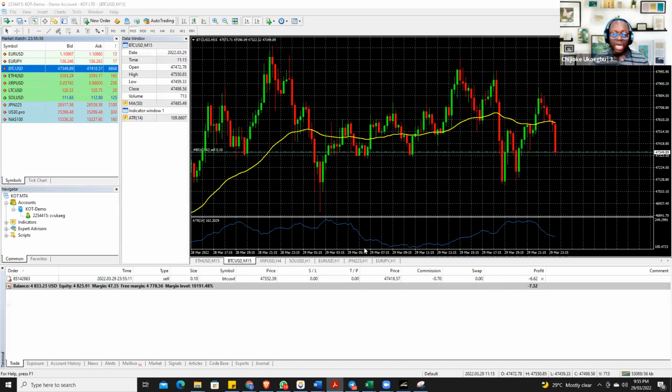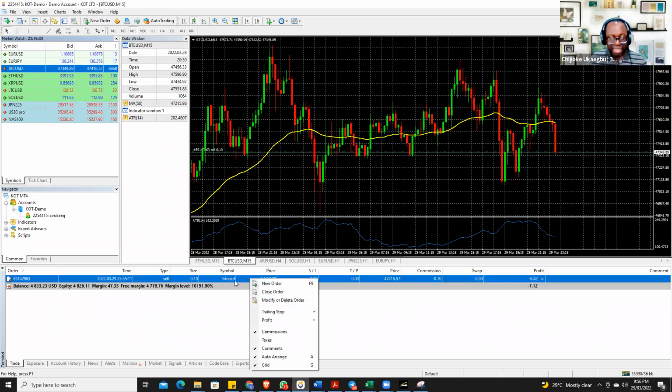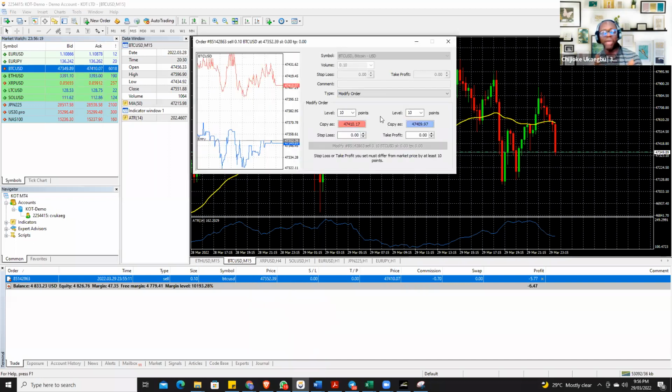How do we know we have a sell trade? Obviously, you can see it here on that type that you have a sell trade and you know that this was on Bitcoin. You can do one of two things. You can right click on that line that has the trade that you have just taken and you come to modify or delete order. And it brings you back here.